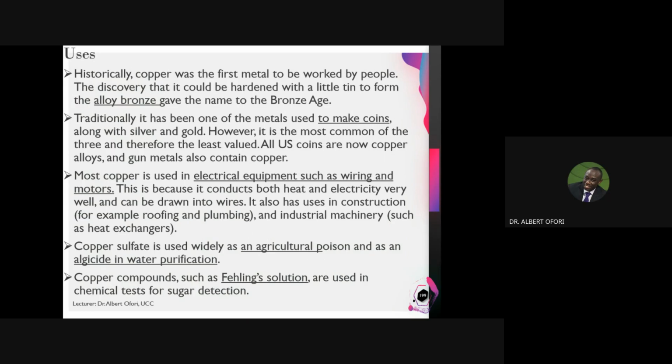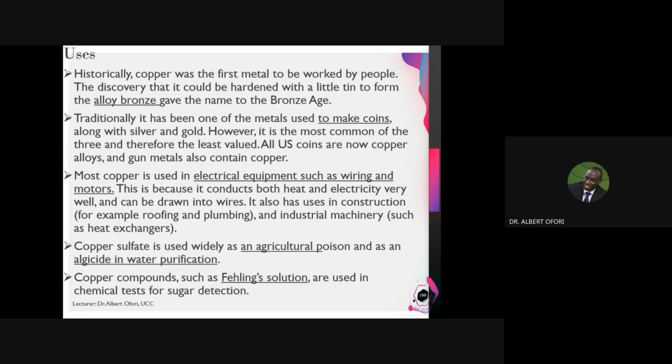Well, they're still using copper as well. Take, for example, copper sulfate. It's found in agrochemicals used in killing weeds, the weedicides and herbicides. So that's copper sulfate in there.